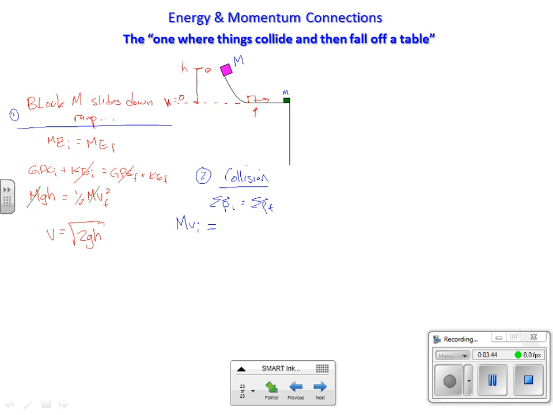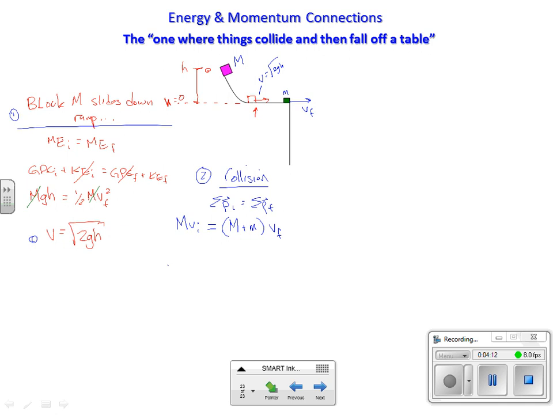And afterwards, the two stick together, M plus m, and they move at some final speed. Now, not the same as this final speed. This speed here is v, square root of 2gh. What we want to know is, here's what we're calling v final. How fast do the two things go after the collision, just after the collision?